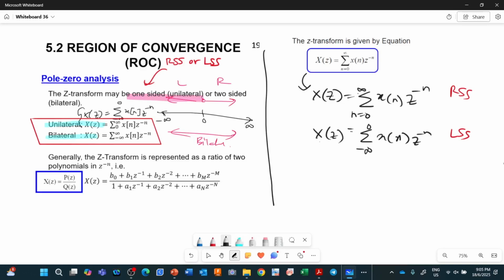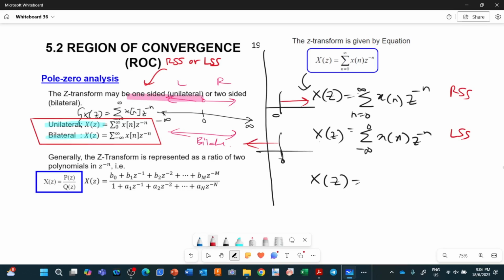And then lastly is bilateral. Bilateral means both sides, so you have minus infinity to infinity, because you have both sides. Right-sided sequence is from 0, where you have only the right side. Left-sided means that from 0, you only have the left side.